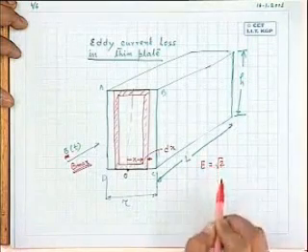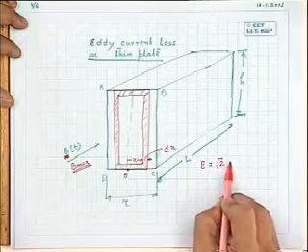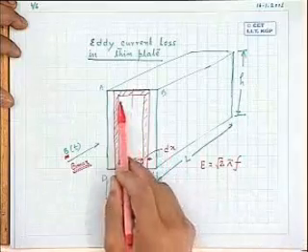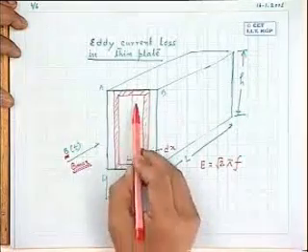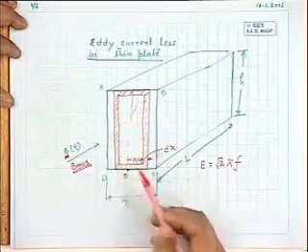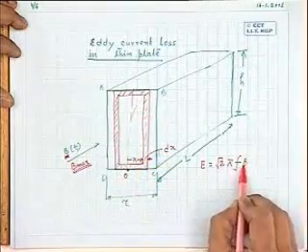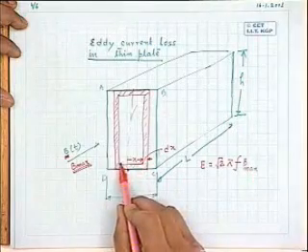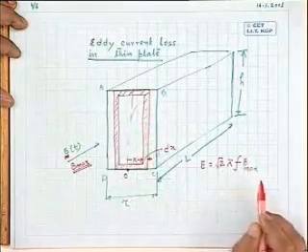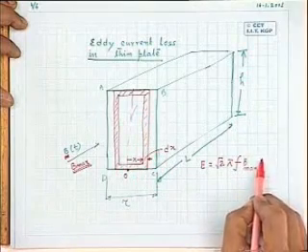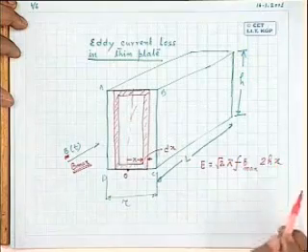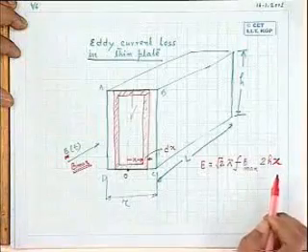It will be E, the RMS value of the voltage, root 2 pi f times phi max. What is phi max? Bmax into the inside area. The inside area will be twice x into h, twice h into x.